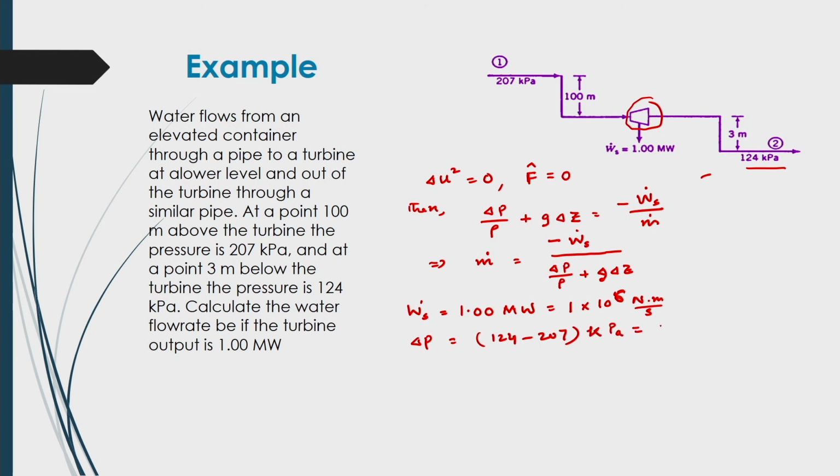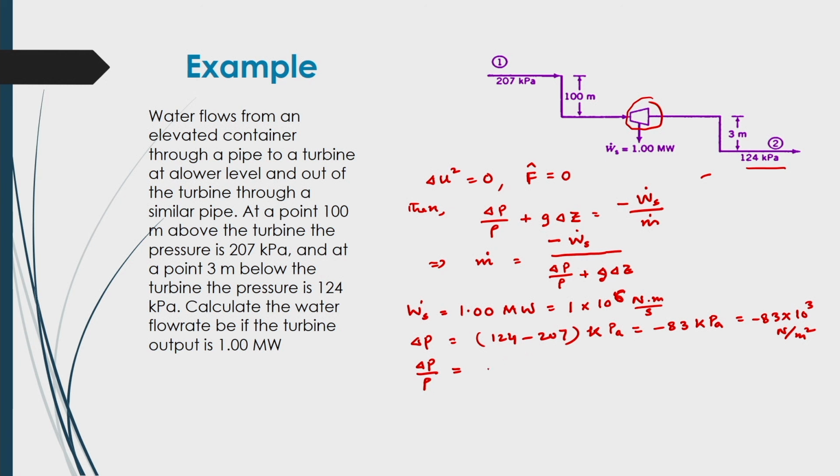So, it will be equal to minus 83 kilopascal, and here that is basically minus 83 into 10 to the power 3 Newton per meter square. You can write delta P by rho, rho is here 1000, that is density.